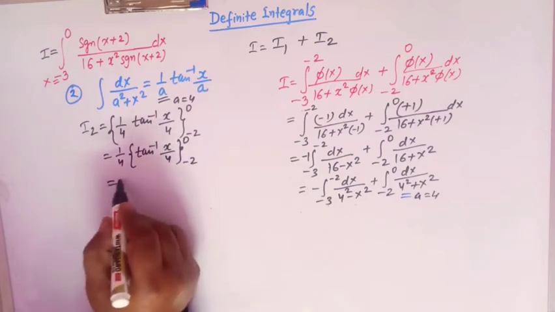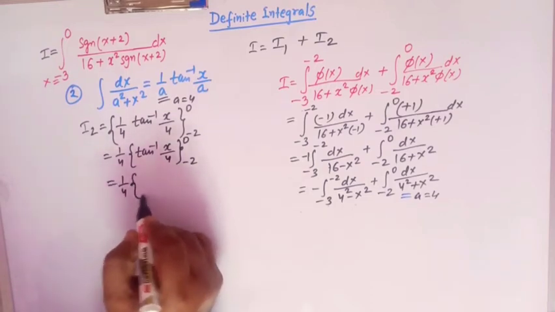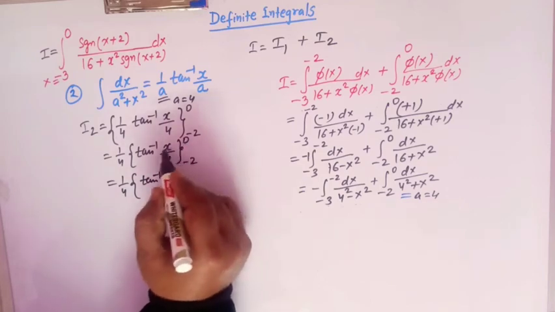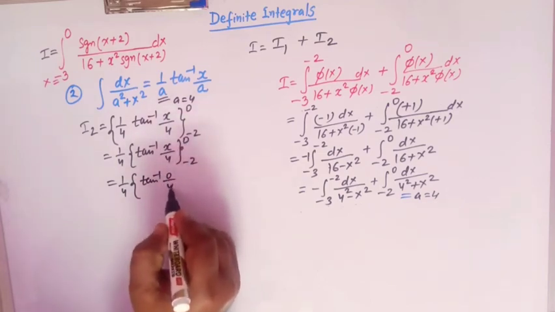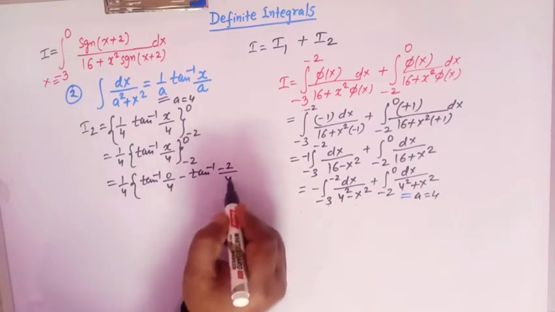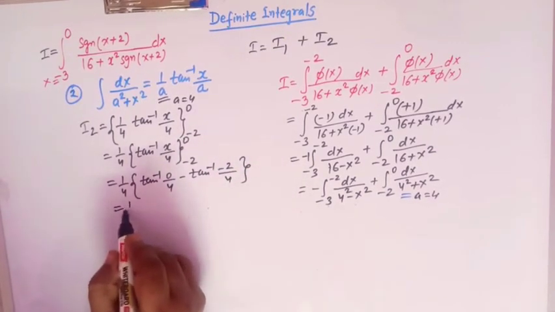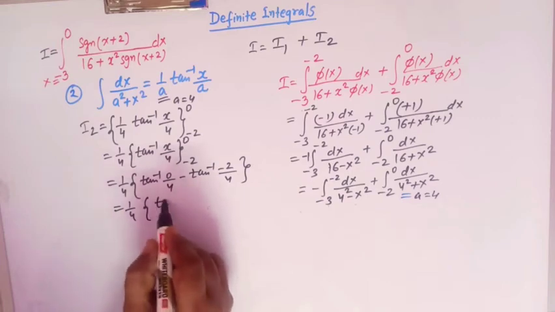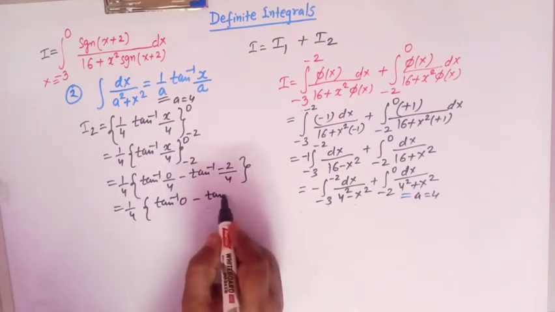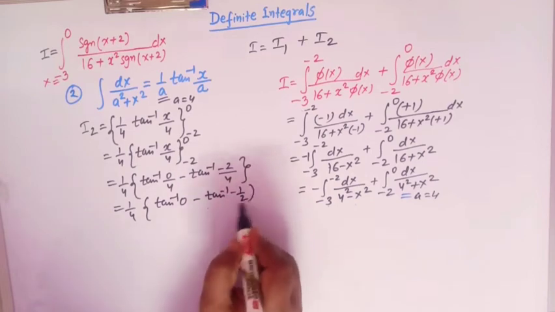And we have 1 over 4 and tan inverse, substituting x equal to 0, so we have 0 over 4 minus tan inverse of minus 2 over 4, and 1 over 4 we have tan inverse 0 minus tan inverse minus half.